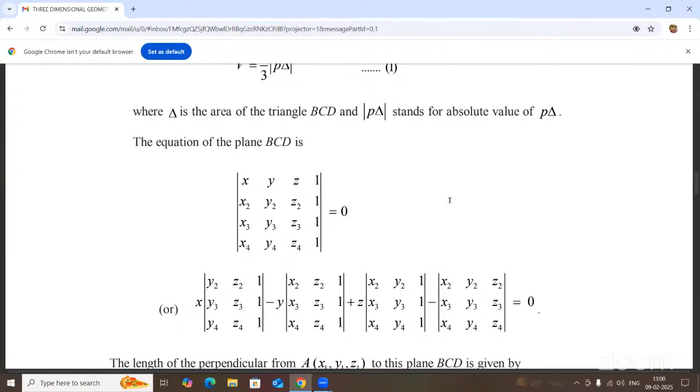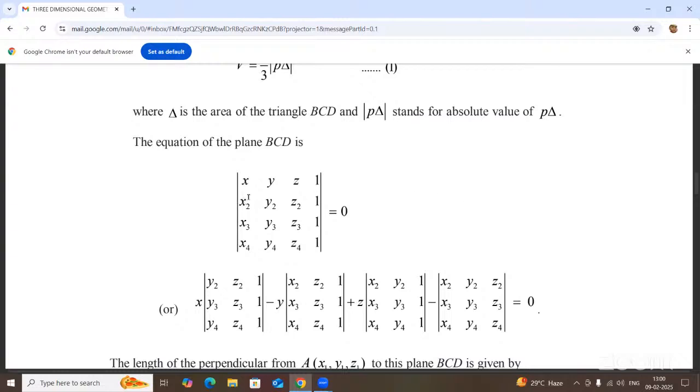The equation of the plane BCD is the determinant of x, y, z, 1; x2, y2, z2, 1; x3, y3, z3, 1; x4, y4, z4, 1, according to the points B, C, D, equal to 0.